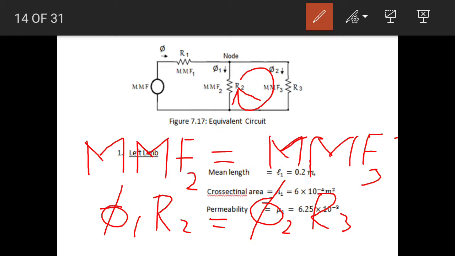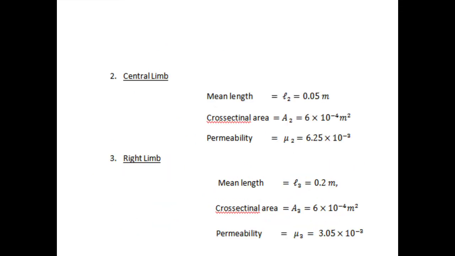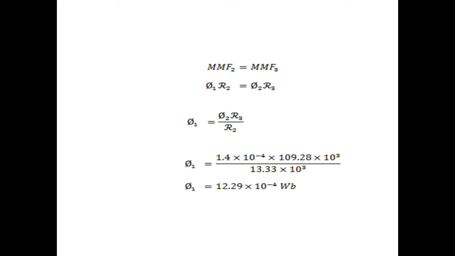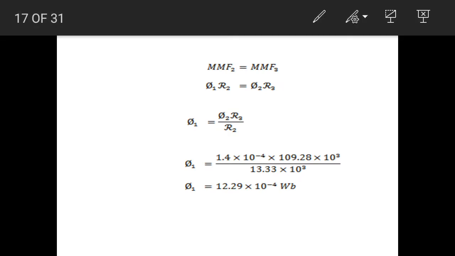So let us consider this equation in its proper slide. Okay, this is the proper slide. We apply a law which is analogous to KVL to loop number 2. So according to this law, MMF2 will be equal to MMF3.